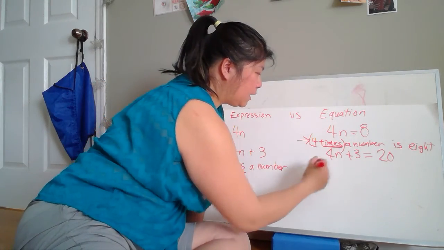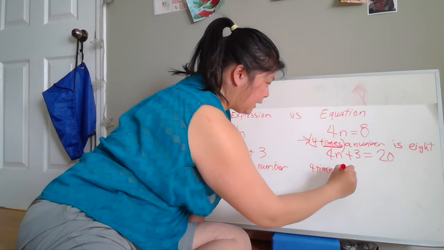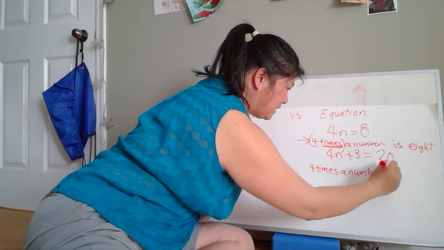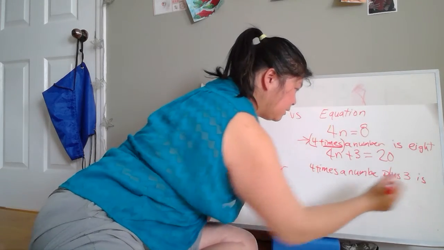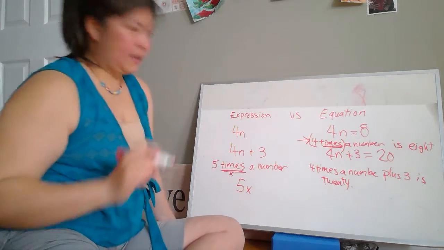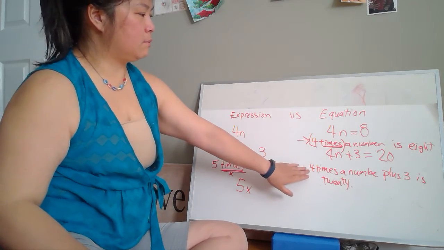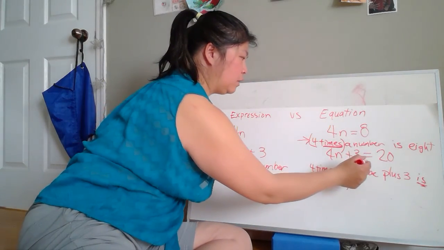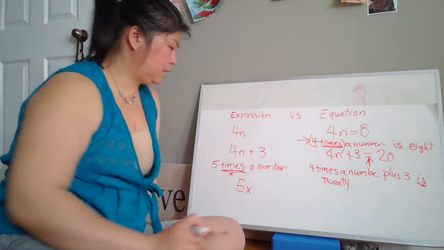And this one here would be 4 times a number plus 3 is 20. So when it's in written form, the word is will help you to figure out the equal sign.